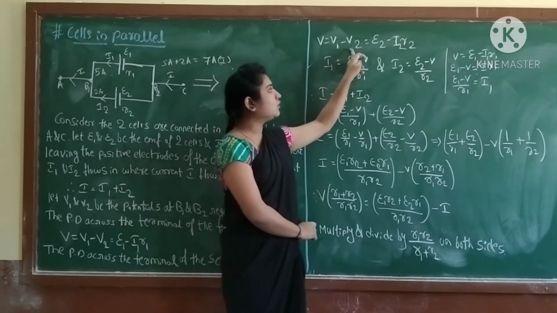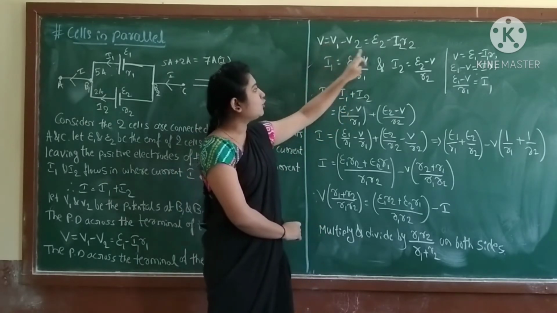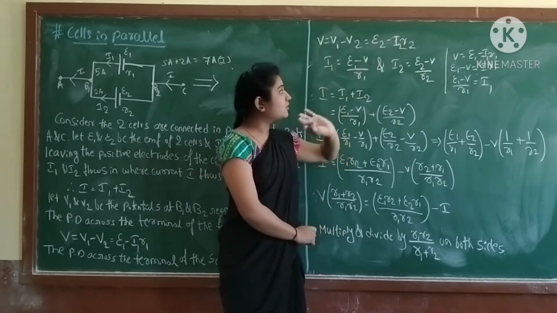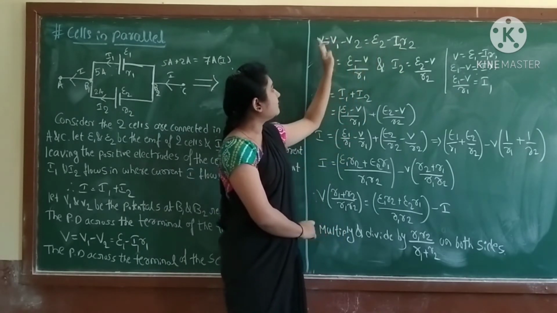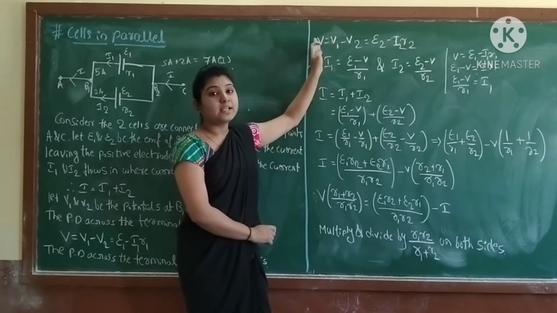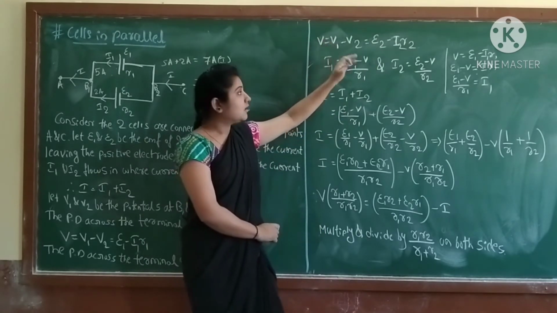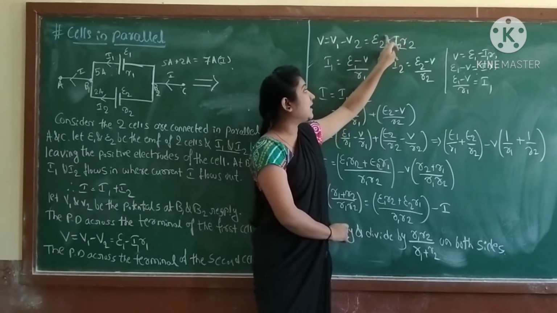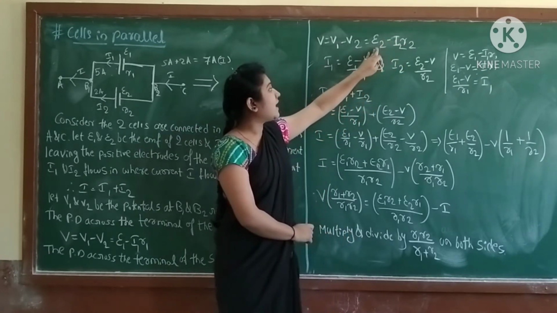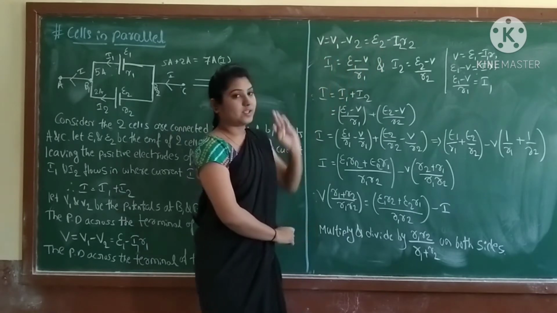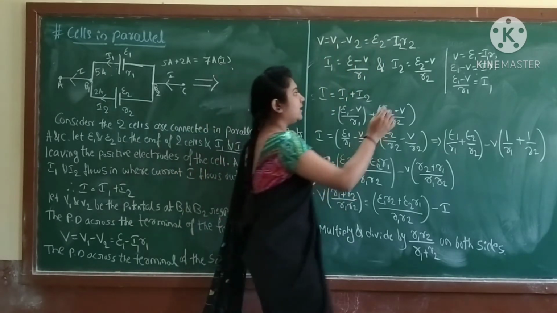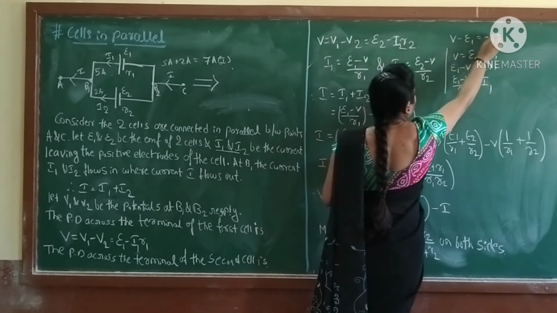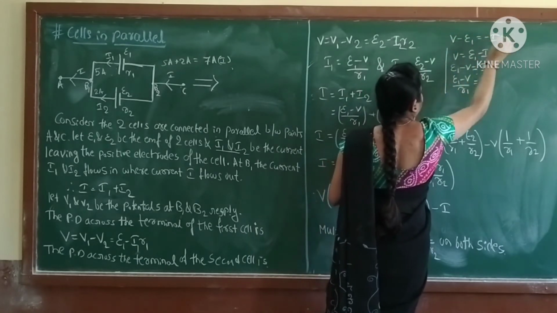So similarly for this, V is equal to E2 minus IR2, correct? So E2 will come to this side. What will happen? E2 minus V is equal to I2 R2. In order to remove this negative sign, I change the position of E2 and V. Yes, see here, V minus E1 is equal to minus I R1.